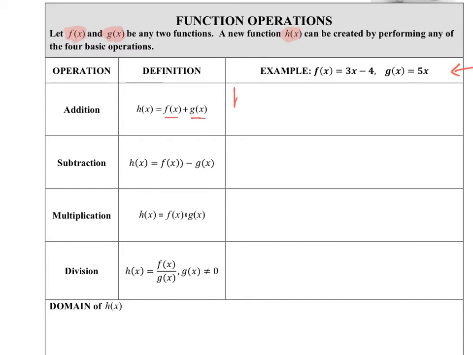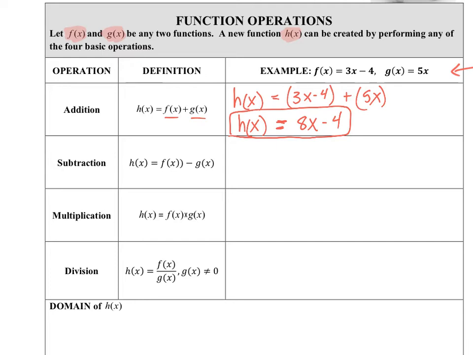So if we follow these steps, h of x equals f of x is 3x minus 4 plus g of x, which is 5x. And if we do this, we would get h of x equals 8x minus 4. So you can see h of x is different than f of x and g of x.